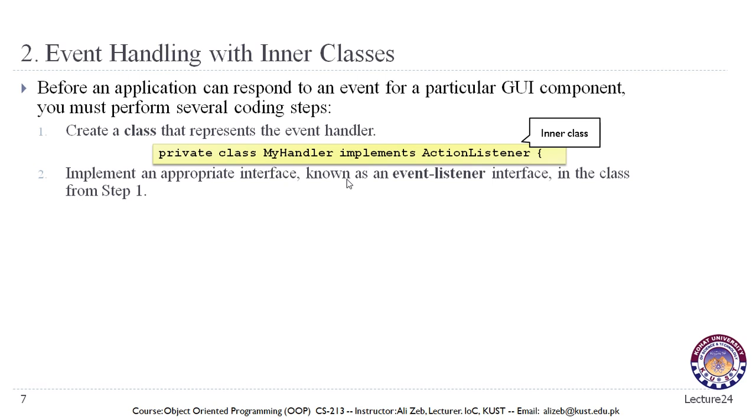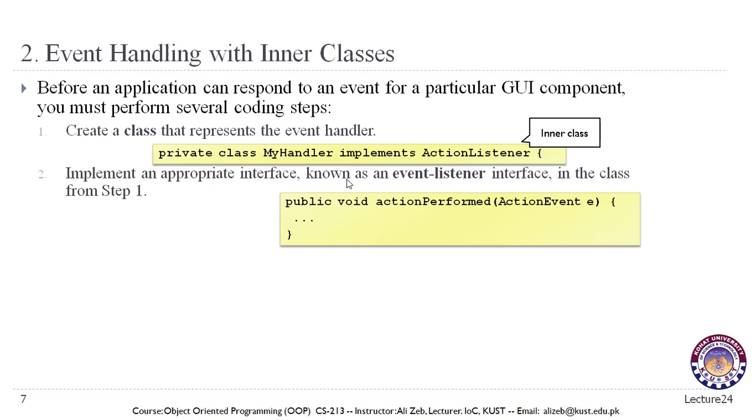Implement an appropriate interface known as an event listener interface in the class, and it has this action performed method that we have used previously. We include functionality inside this action performed method that is then listened to by the object and performed accordingly.